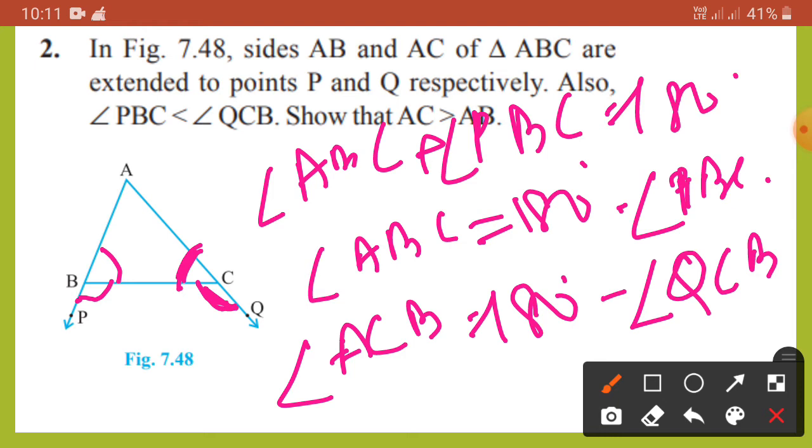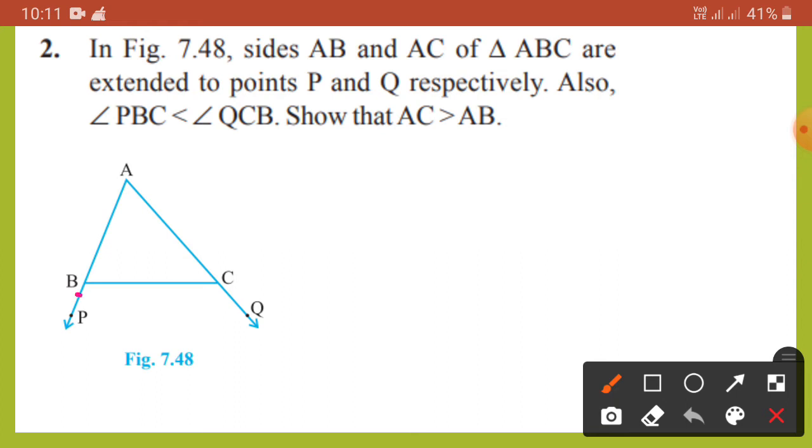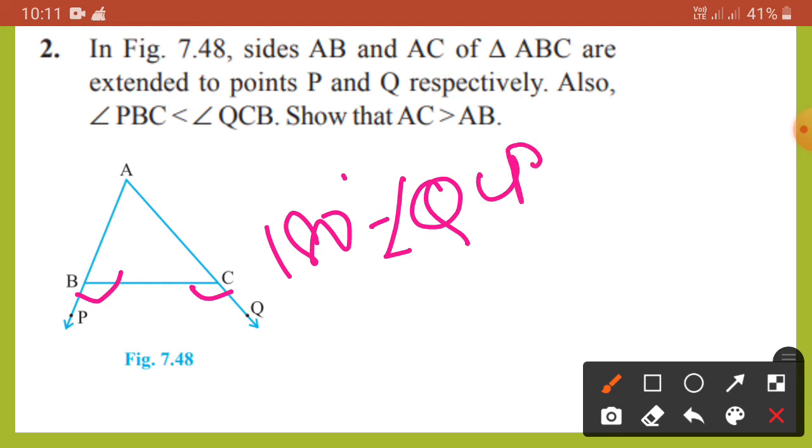It is given in the question that angle PBC is less than angle QCB. So 180 minus QCB is less than 180 minus PBC.